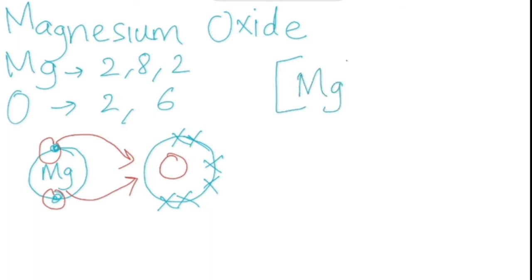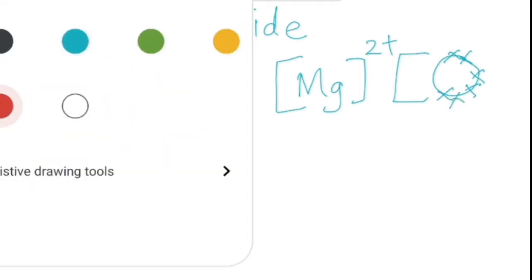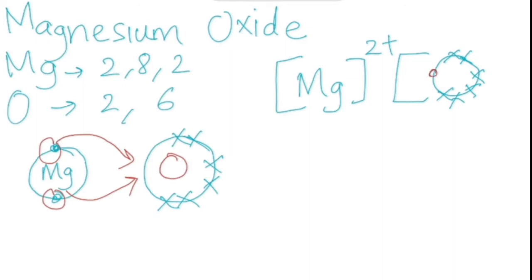Magnesium. Mg2+ and oxide would be 1, 2, 3, 4, 5, 6 and 7, 8.